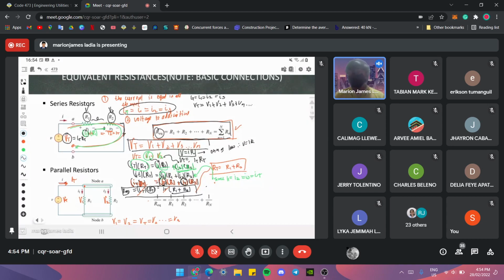Okay? So, mapapansin nyo, sir, di ba, ba't hindi tayo gumagamit ng series sa bahay? So, as you go on with the understandings that pag series kasi may mga voltage drop tayo. 230 volts lang yung source ng bahay, di ba? So, ano yung pinakamagandang gawin? Di ba? Lahat ng mga appliance natin nasa 230 volts.